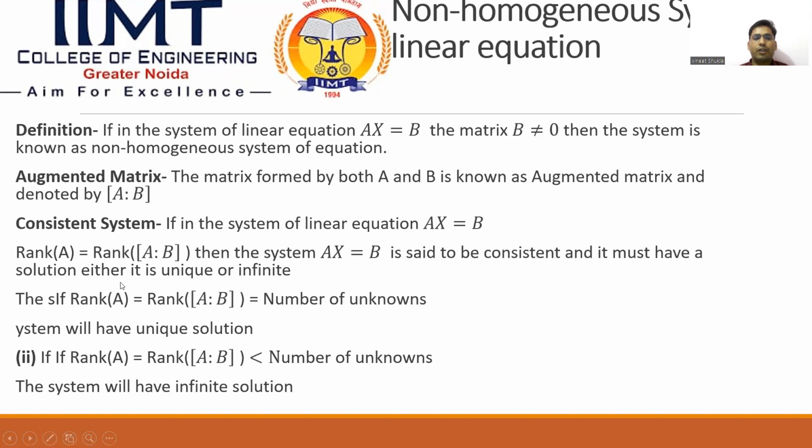Now, if the rank of A equals the rank of the augmented matrix equals the number of unknowns, then the system will have a unique solution. And if the rank of A equals the rank of the augmented matrix and is less than the number of unknowns, then the system will have infinite number of solutions.